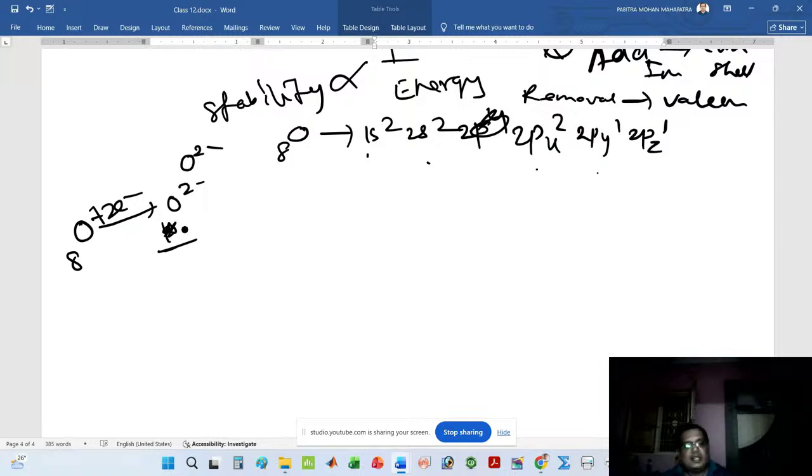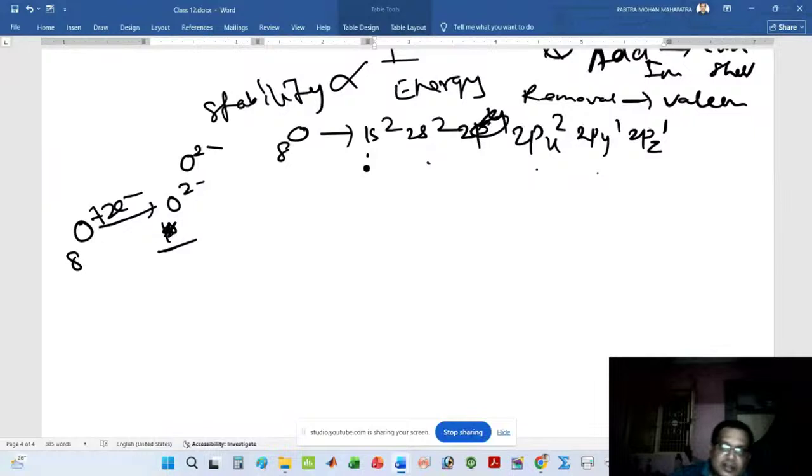Because oxygen initially has 8 electrons. When you give 2 electrons, the total is 10. Yes or no? So those 2 extra electrons go to which shell? It must go to the core shell, not the valence shell.